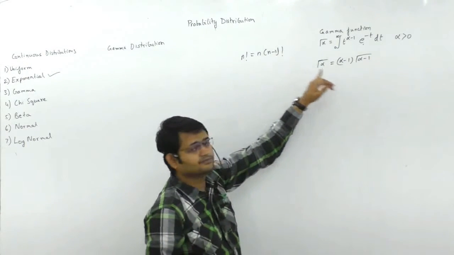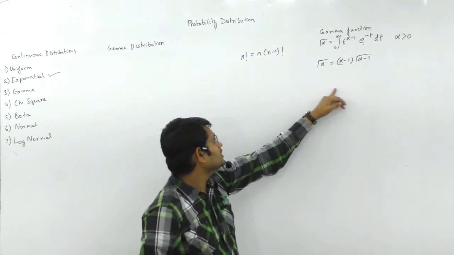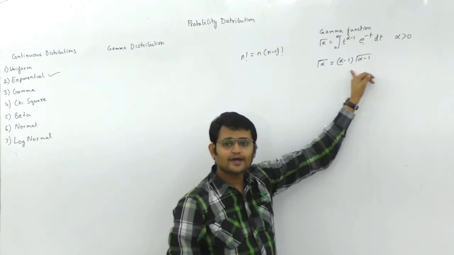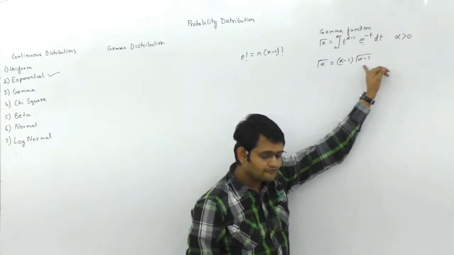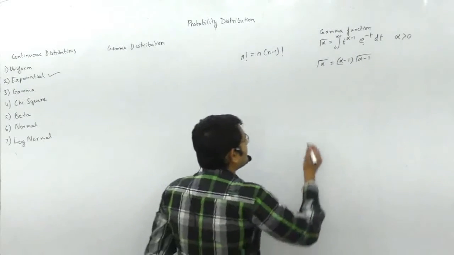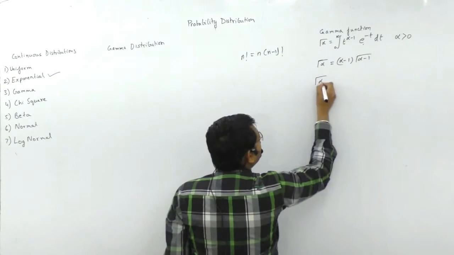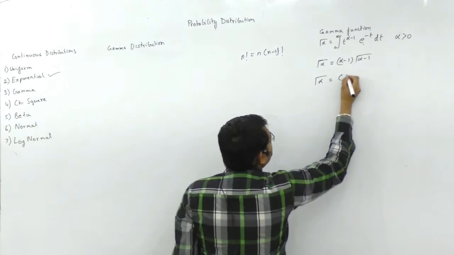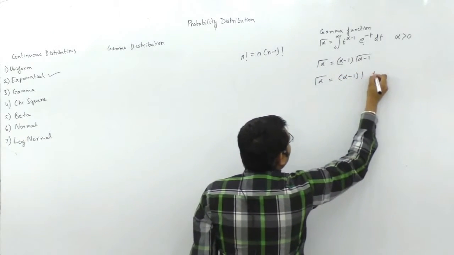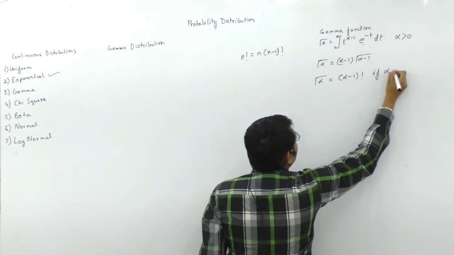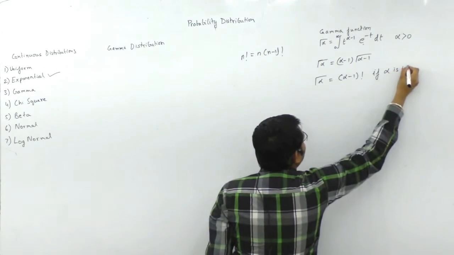It's not the same, so don't confuse them. And we have gamma of alpha equal to alpha minus 1 factorial if alpha is an integer.